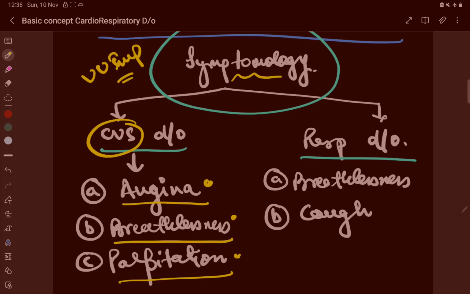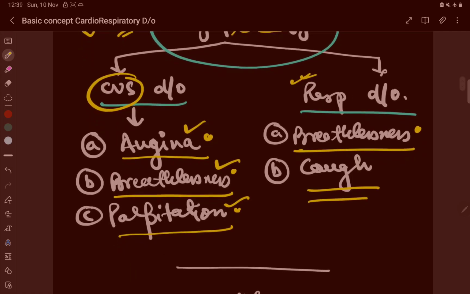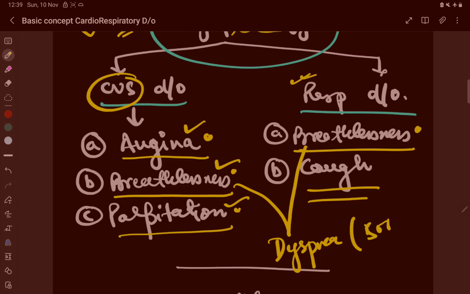In the respiratory disorders, again there is breathlessness, and there is cough. So there is cough and breathlessness in respiratory disorders, and there is angina, breathlessness and palpitation in CVS disorders. Breathlessness, another term is dyspnea, or difficulty in breathing, short of breath.